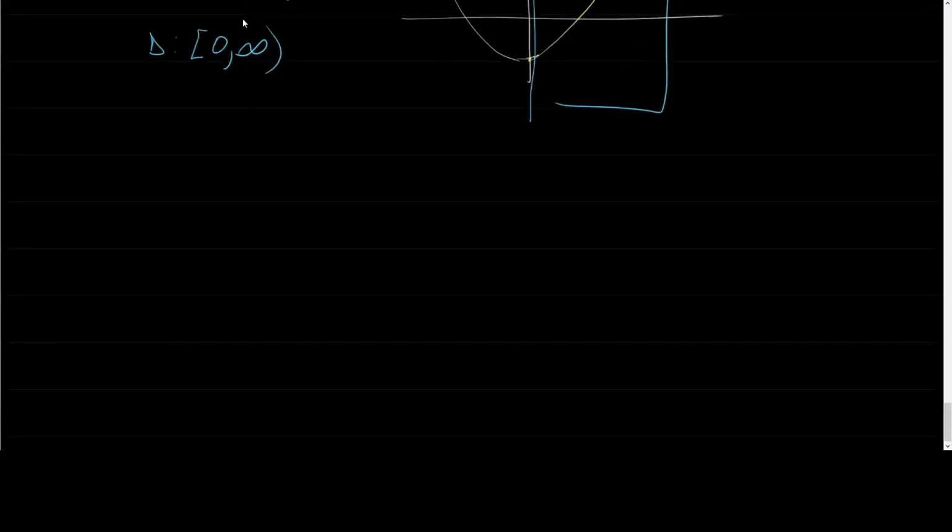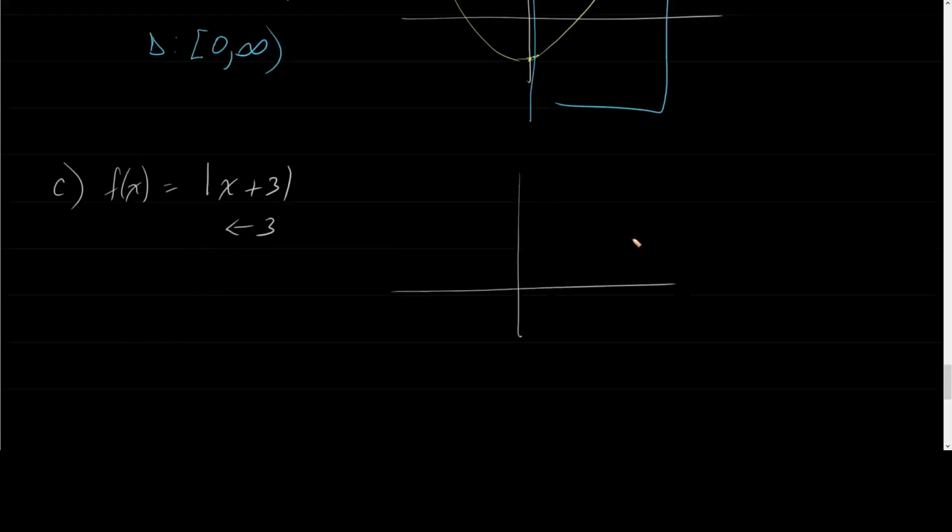And this could apply for not just these kinds of functions. Let's also look at f of x being the absolute value of x plus 3. Now, what does this look like? It's an absolute value function, so it would look something like this, but shifted to the left by 3.